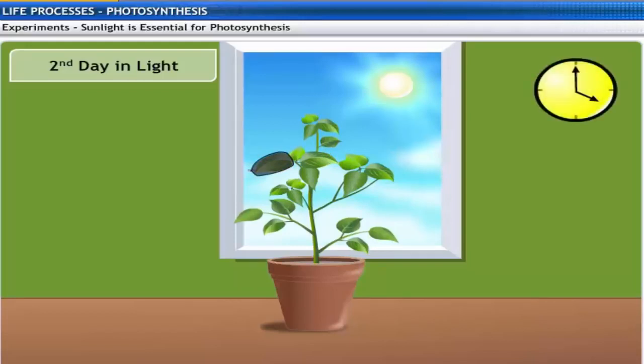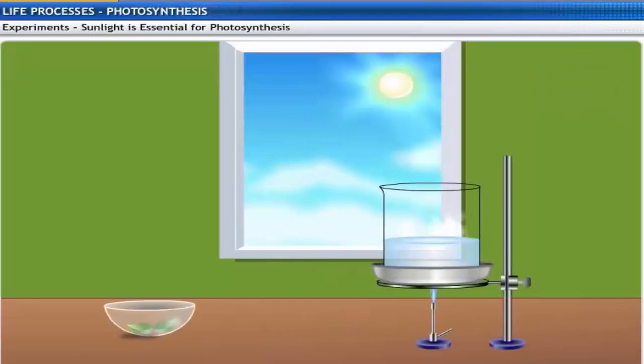Place the potted plant in sunlight for several hours. Test both the leaves for the presence of starch using the iodine test. To conduct an iodine test, dip both the leaves in boiling water for a minute to kill the cells.